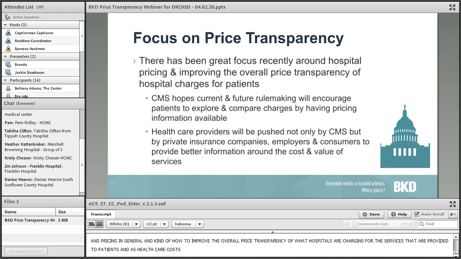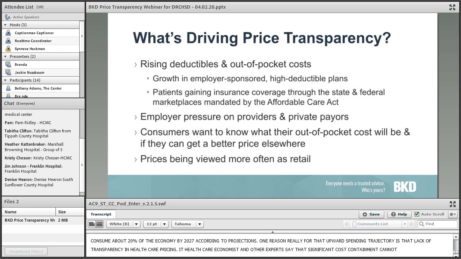As healthcare costs continue to rise and affordability becomes an area of focus, healthcare spending is projected to consume almost 20% of the economy by 2027, according to some CMS projections. Various sources indicate one reason for that upward spending trajectory is the lack of transparency in healthcare pricing. Healthcare economists and other experts state that significant cost containment cannot occur without widespread and sustained transparency in provider prices.